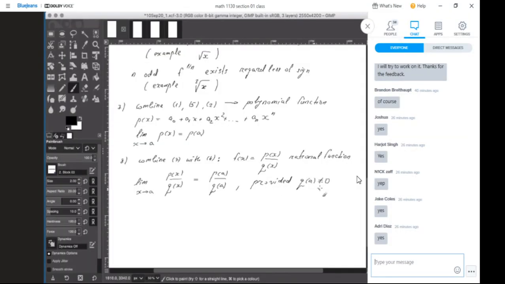And obviously we inherited this condition from the quotient rule. Okay?